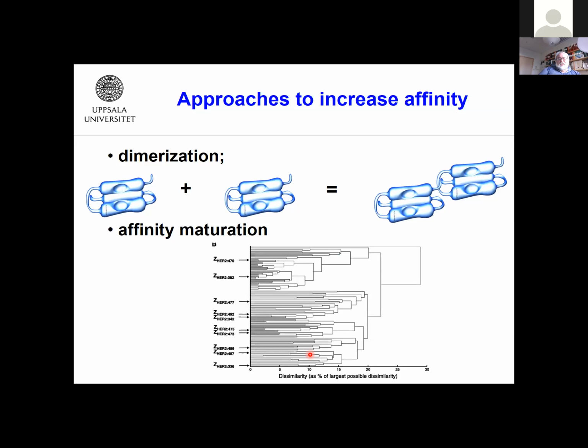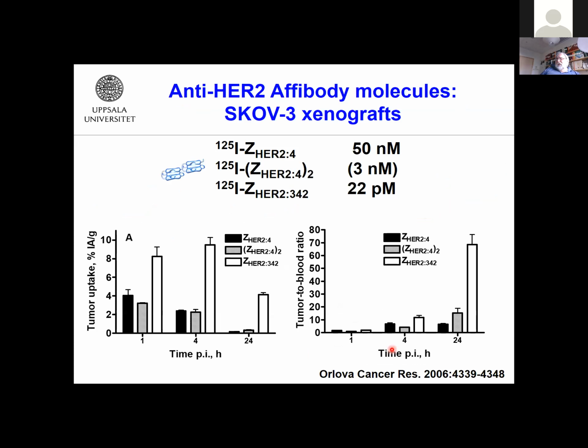So of course dimerization was attractive. However, it turned out that this way is not really good. So when we started work with antibody molecules, the first variant we selected, clone 4, had an affinity of 50 nanomole.